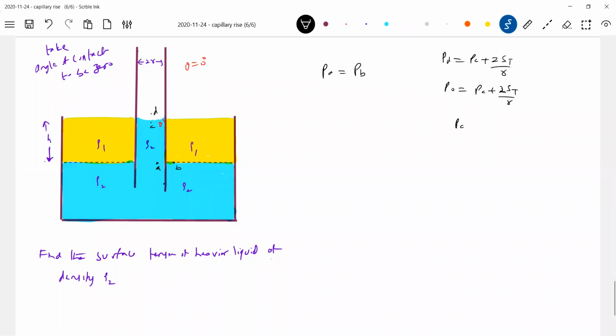Then the manometric equation: pressure at C plus rho 2 g h minus pressure at A equals 0. Pressure at C is P naught plus 2 S T by R. So P A equals P naught plus 2 S by R plus rho 2 g h, equal to pressure at B, P naught plus rho 1 g h. Surface tension, I have to write S2.